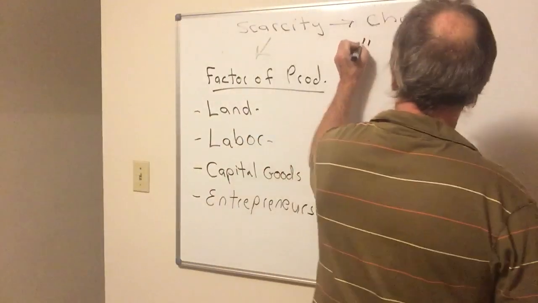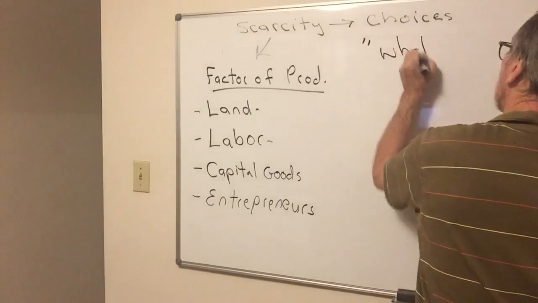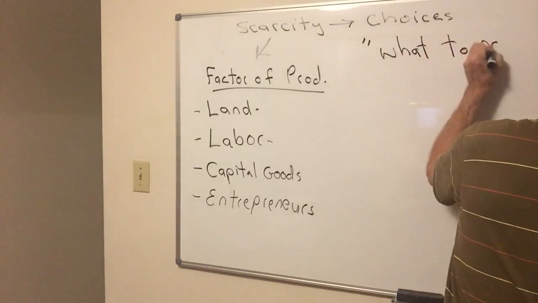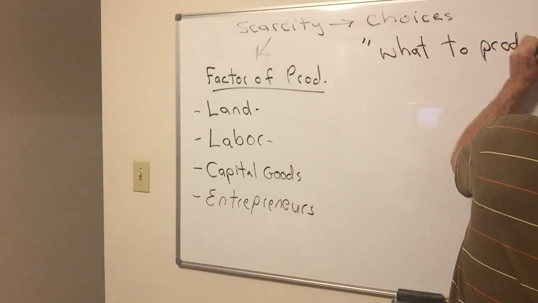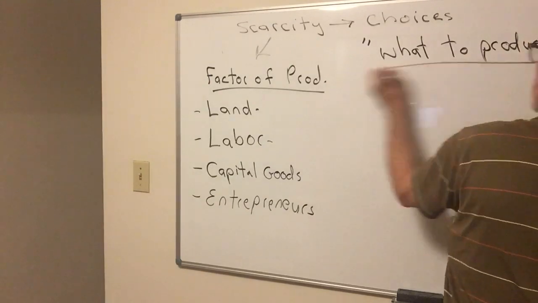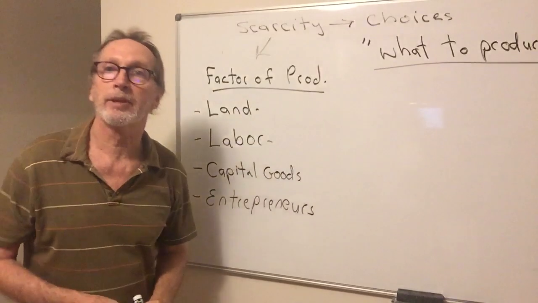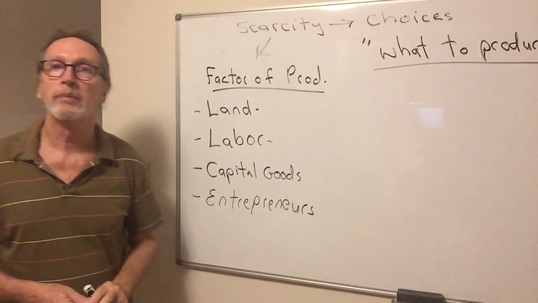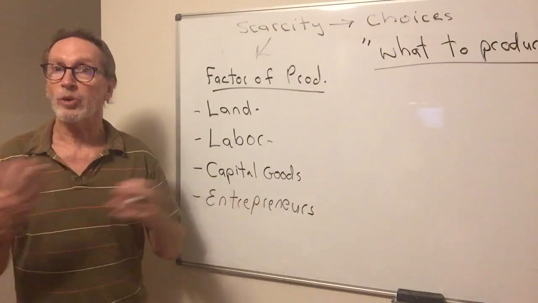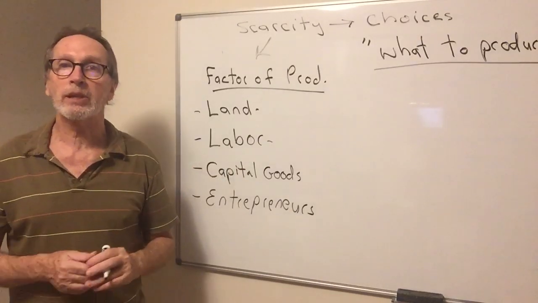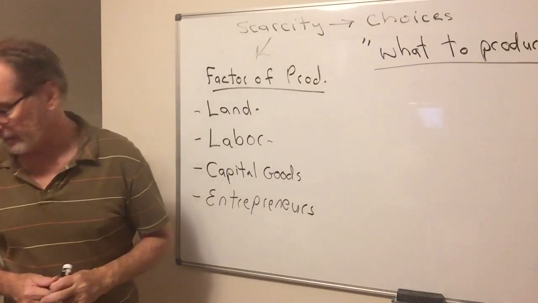Remember, that was one of our questions. What to produce? That's a big question, one of the fundamental questions of economics. What are we going to produce? We could do this, or we could do that, but we can't do everything because resources are limited, right?